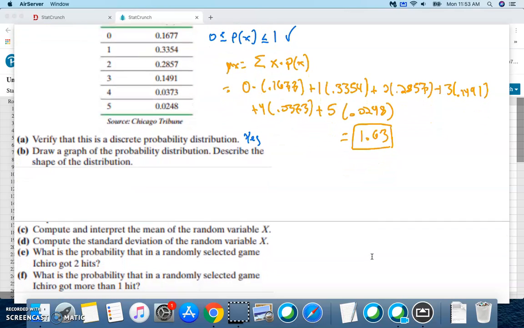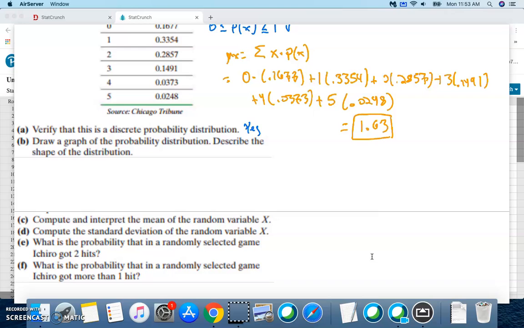Okay, now we want to compute the standard deviation. So remember the standard deviation would be the square root of the sum of x squared times p of x, and then minus the mean squared. So in this case, this is going to be a big old honking thing.